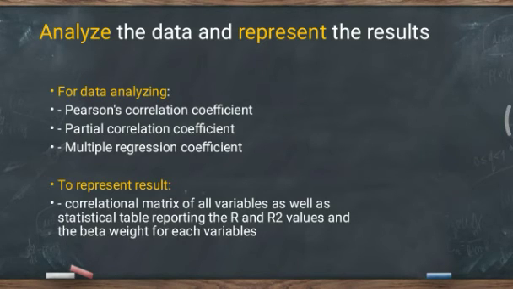And about analyzing the data and representing the results: for data analysis, Pearson's correlation coefficient, partial correlation coefficient, and multiple regression coefficient. While to represent results, a correlation matrix of all variables as well as a statistical table reporting the R and R2 values and beta weight for each variable.